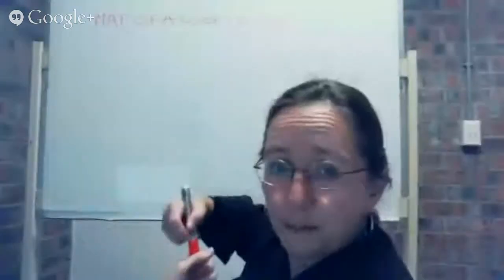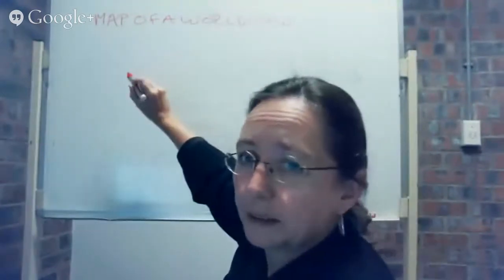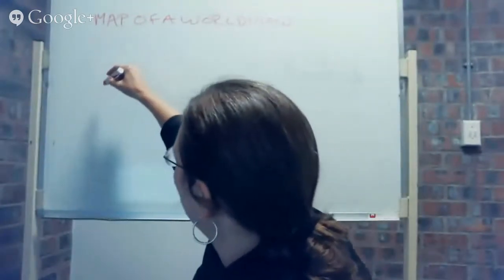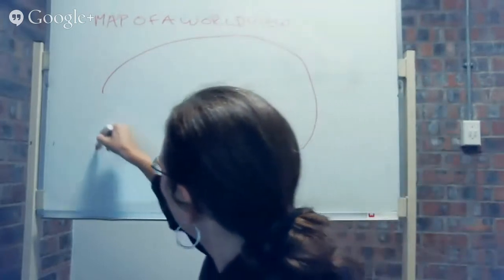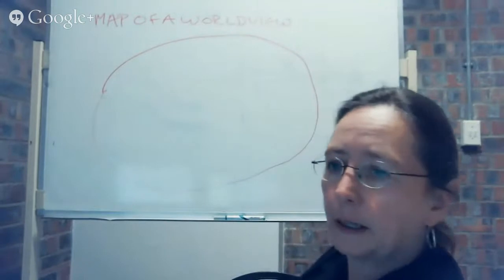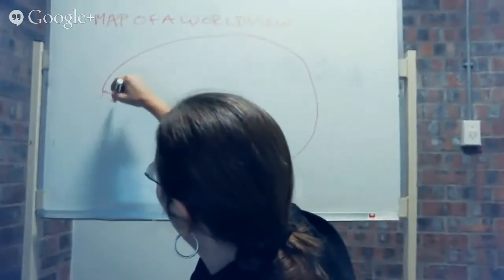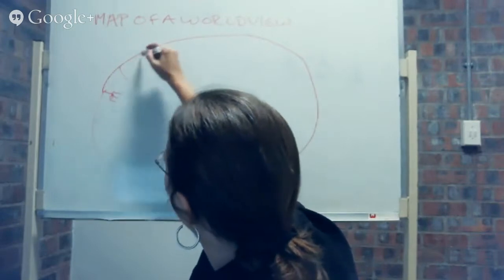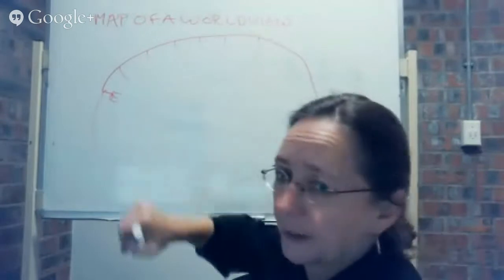So here we have a map of a worldview, okay? That's what I've called it, but this is just to show you. So you might say, this is the world. Okay? Now, there might be different points on this world. So prime reality might be there, and Saya's 7 points, 2, 3, 4, 5, 6, 7, might fit there.